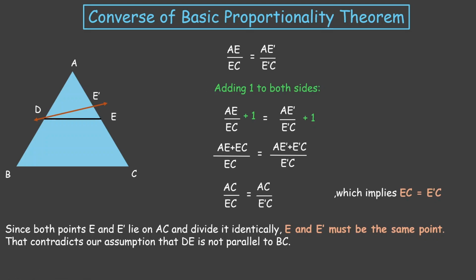These two will be the same point, which gives us that lines DE and DE dash are the same line. Since DE dash is parallel to BC, as we took it to be initially, that means DE is also parallel to BC, which contradicts our assumption that DE is not parallel to BC. Hence, the converse of the basic proportionality theorem stands true.